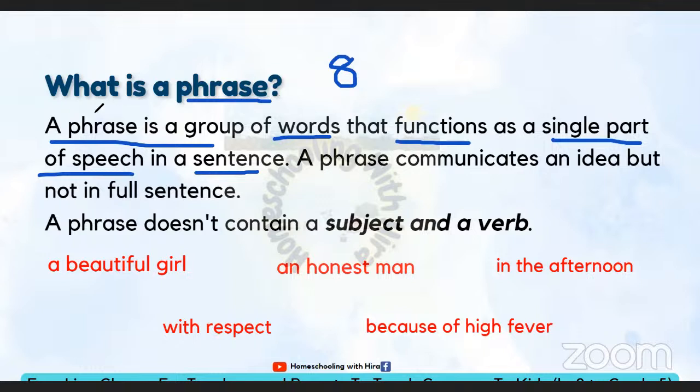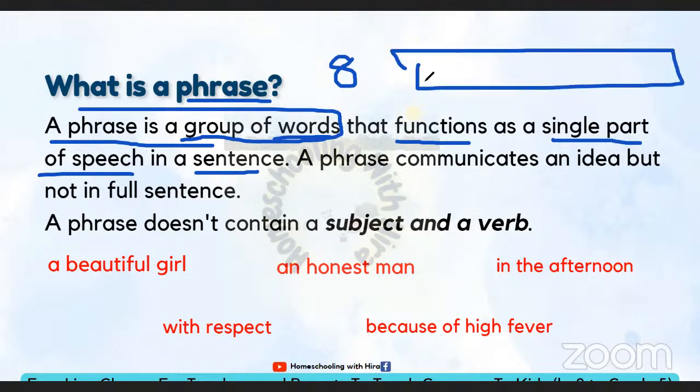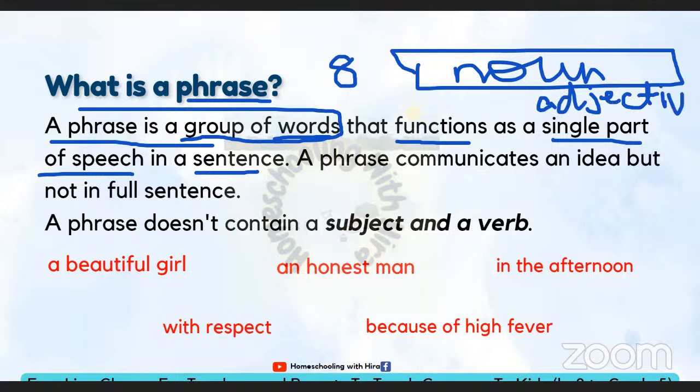A phrase is a group of words, ठीक है, that functions as a single part of speech. For example, a group of words altogether functioning as a noun, ठीक है, a group of words together functioning as an adjective, or a group of words together functioning as an adverb, you will call it a phrase.